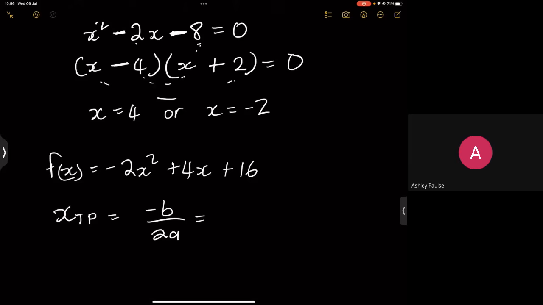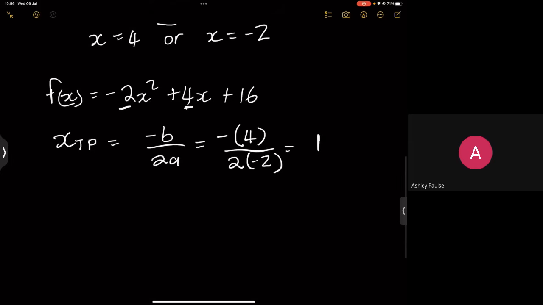So that's minus b over 2a. So that would be minus our b value, which is 4, divided by 2 times our a value, which is negative 2. So you've got negative 4 divided by negative 4. That means that the x value of your turning point is 1.